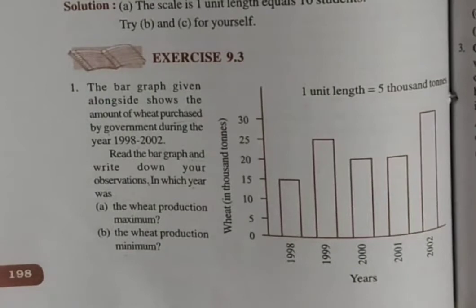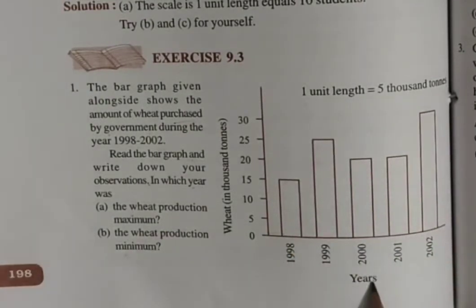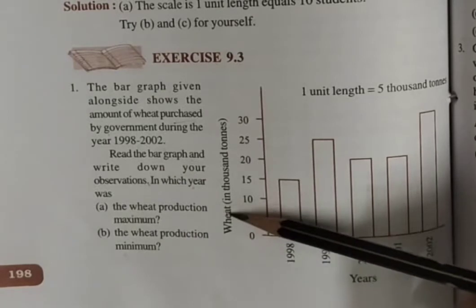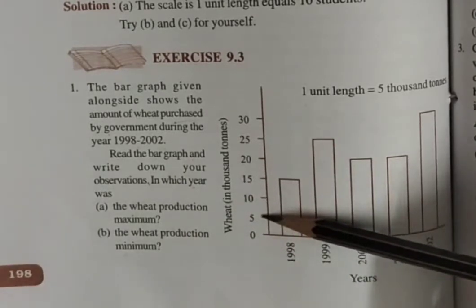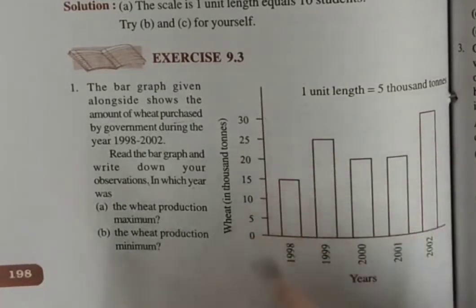So let's start reading. Here on the horizontal line the caption years is written, meaning these are the years given in the question. And here, wheat in 1000 tons. So these are 5000 tons, 10,000 tons and 15,000 tons. These are the markings on the vertical line.